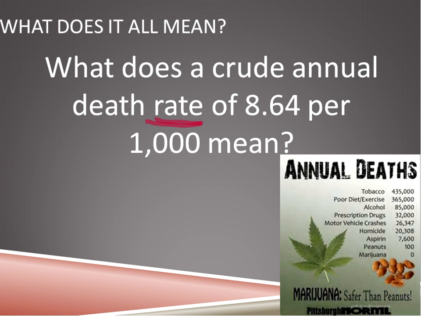Well, this is pretty easy. I think it'd be easier for you if I did it this way. It means that 9 out of every 1,000 people in our community died, and we can see that really clearly from the data.